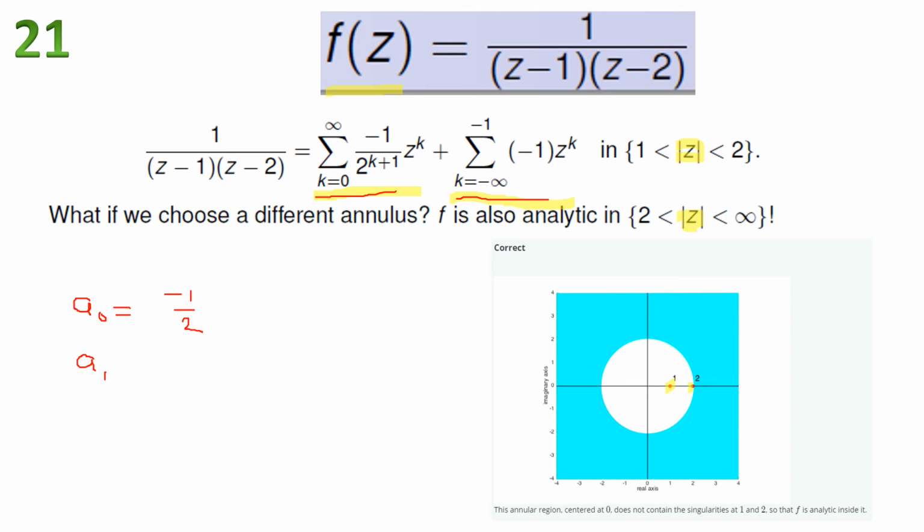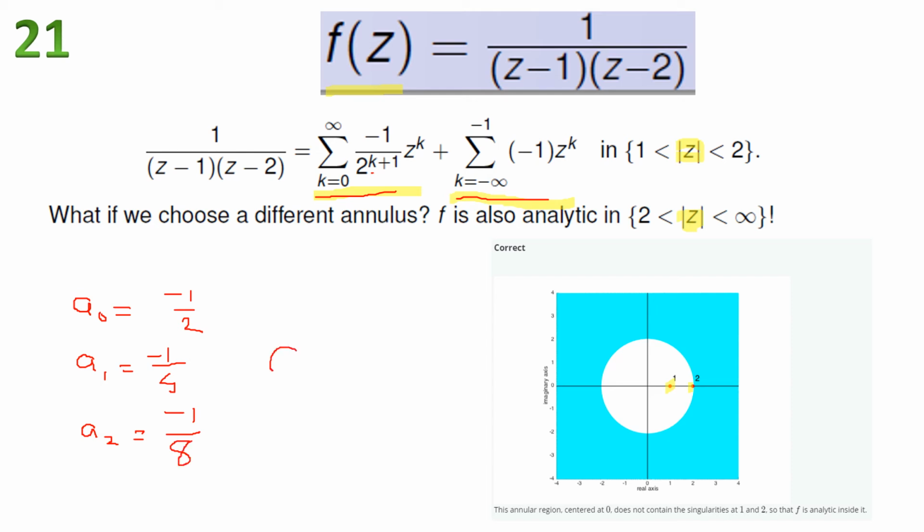So here this k is to be replaced by 1. So minus 1 upon 2 to the power 2, that will be 4. Sorry, minus 1 upon 4 will be the next coefficient. Similarly, a2 will be minus 1 upon 2 to the power 2 plus 1, that is 2 to the power 3, that is 8.